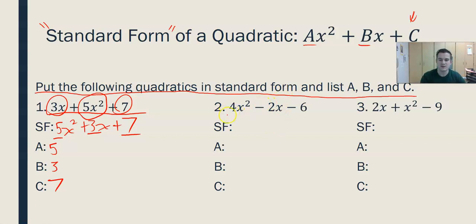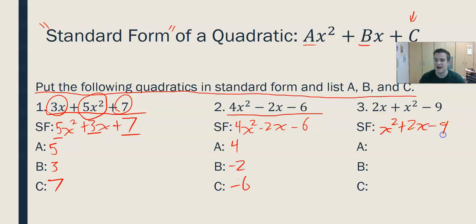Now, how about this one? This one, you'll notice, is already in standard form. So a is 4, b is negative 2, c is negative 6. Pretty straightforward. This one, to put in standard form, I'm going to write x squared plus 2x minus 9.